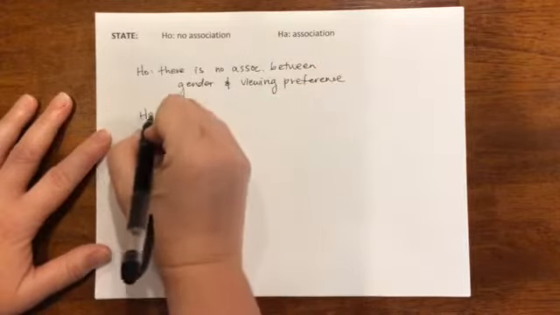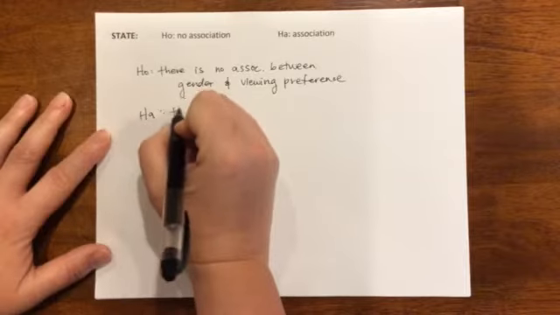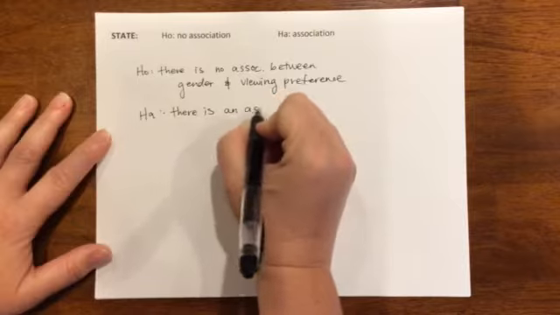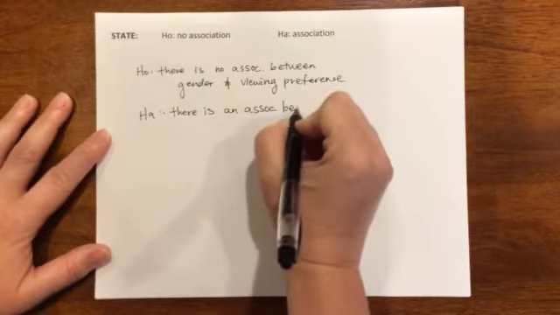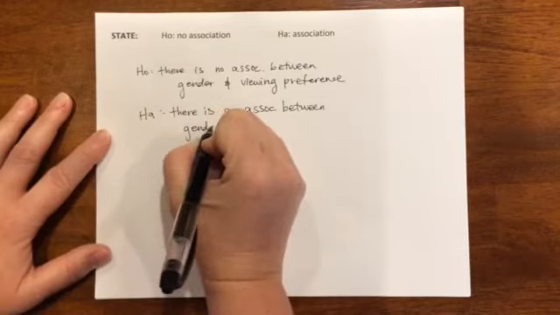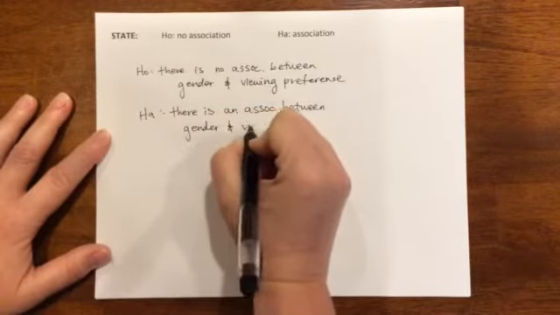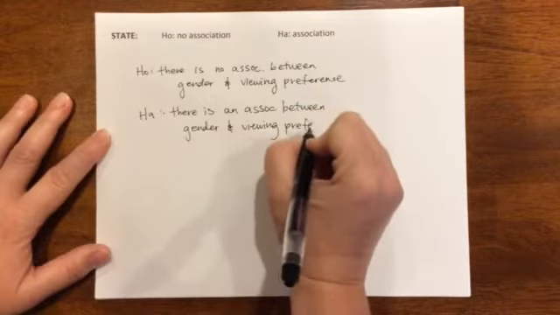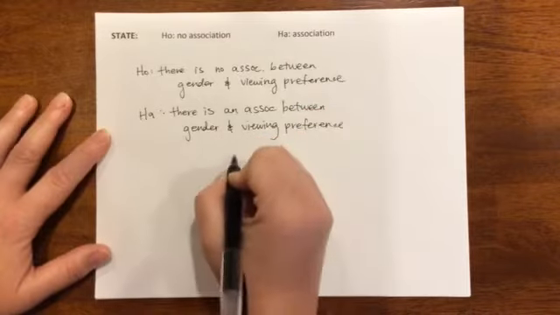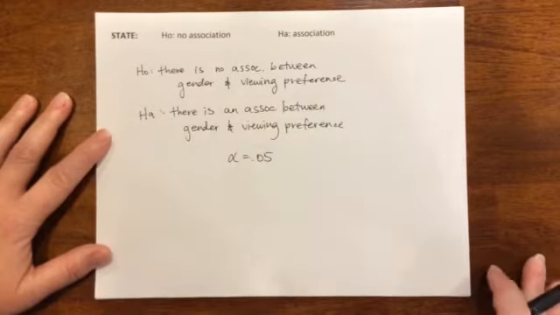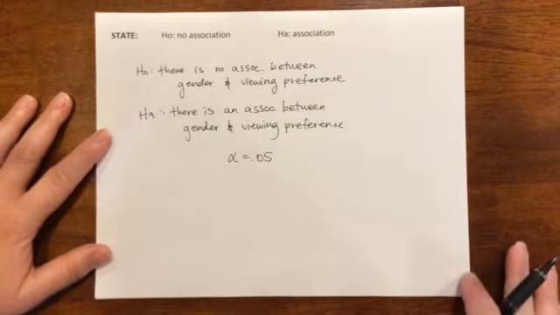And the alternative hypothesis would be that there is an association. And we can choose an alpha, and like always, I like 5%. All right, so that's how you write the null and the alternative hypothesis.